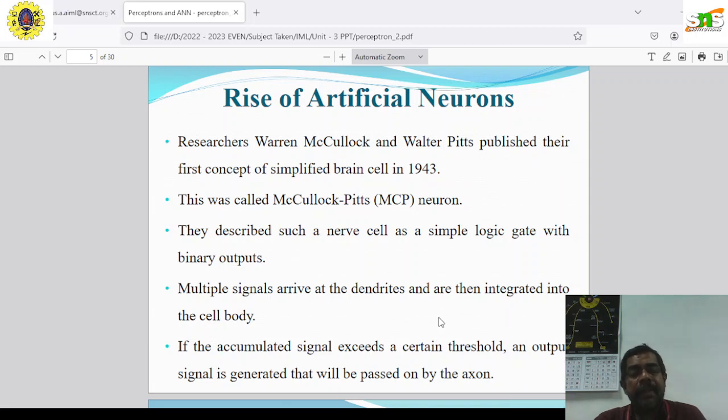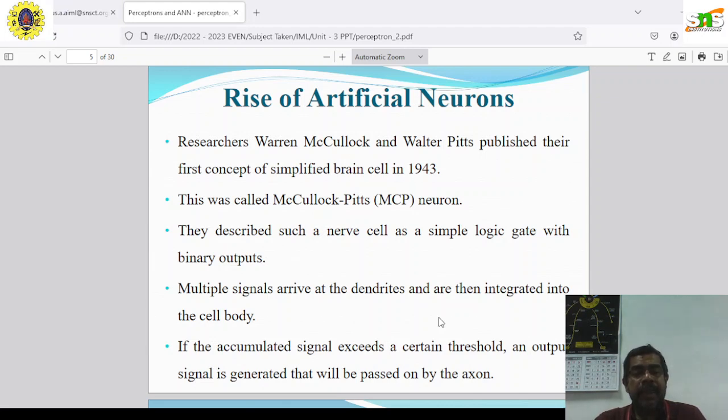They described the nerve cell as a simple logic gate with binary outputs. The main activity of the artificial neuron is based on the concept of yes or no, that is, binary outputs, either 1 or 0. All these things can implement the purpose of logic gates.